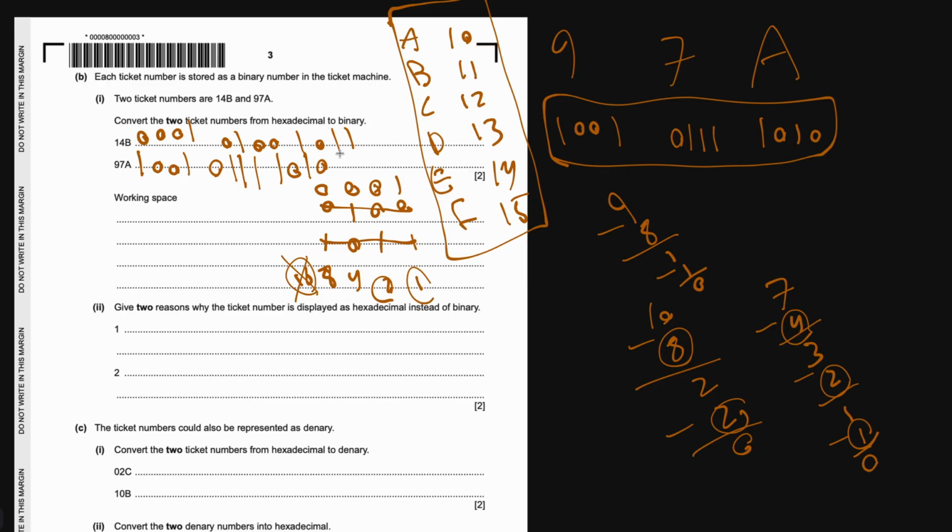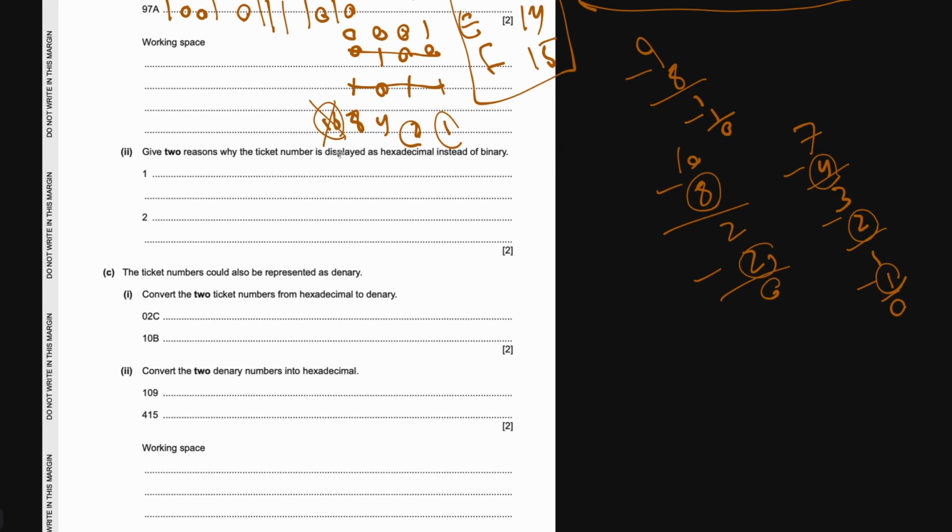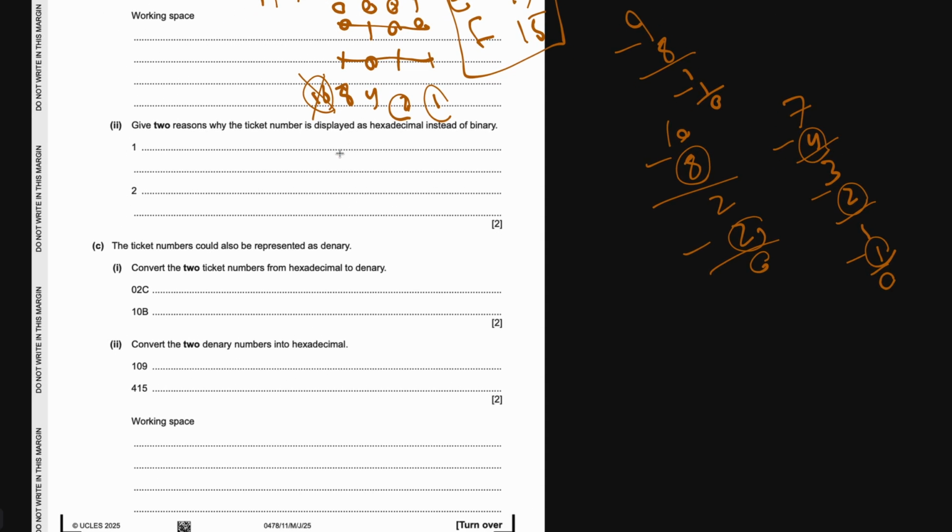Okay, it's very simple. Now, for part II, give 2 reasons why the ticket number is displayed as hexadecimal instead of binary. Now we have many reasons for hexadecimal, and this question could come in many ways, but the reasons are always the same. For example, it's easier and quicker for people to read it and understand it, right?